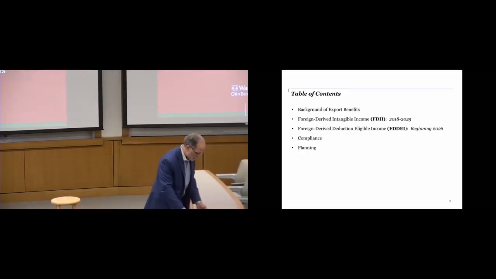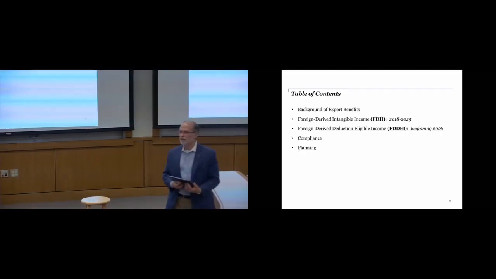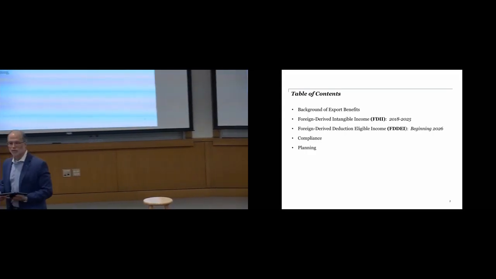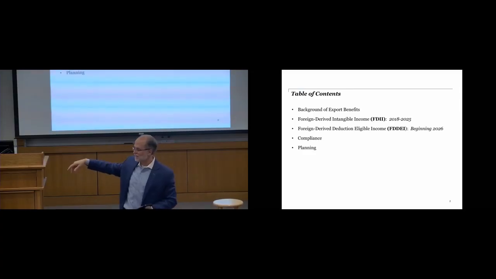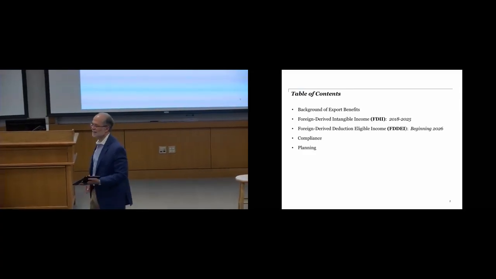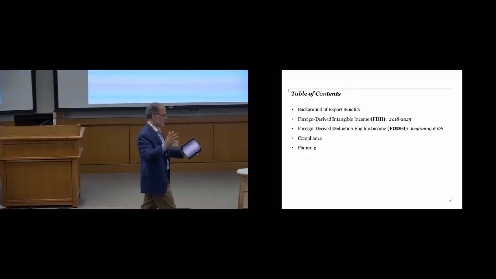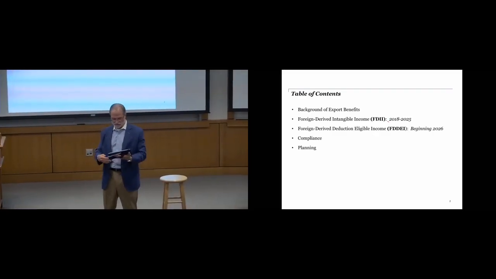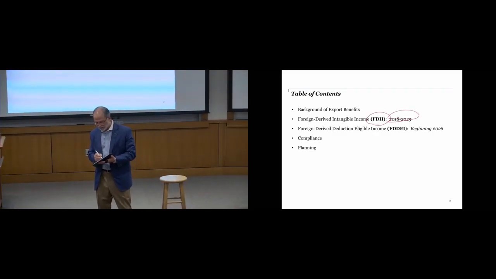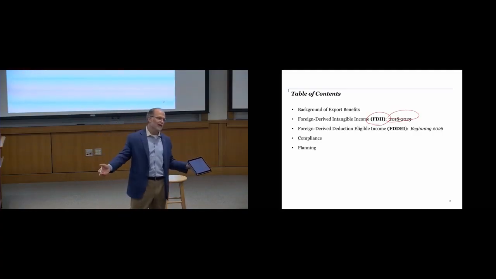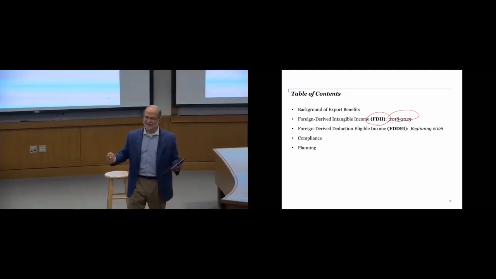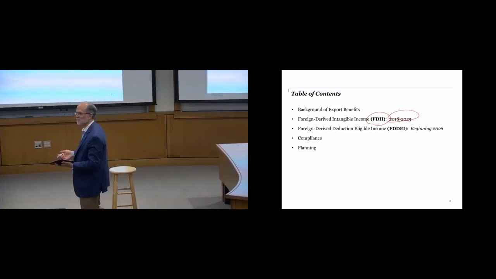So we are going to do the same thing that we did, unfortunately, in the GILTI world. Trump 2.0 made changes in the One Big Beautiful Bill Act. So we have a 2018 to 2025 regime called FDII. Some people call it FDII. It never really took hold as FDII, but FDII.